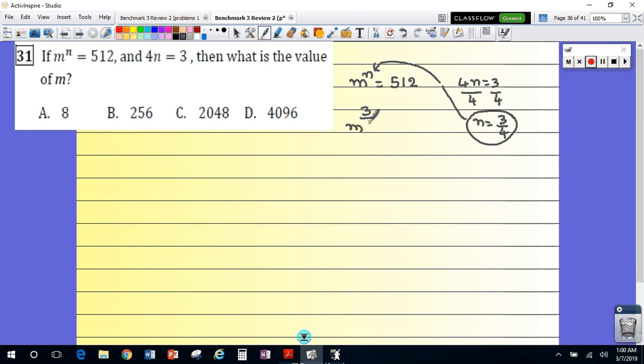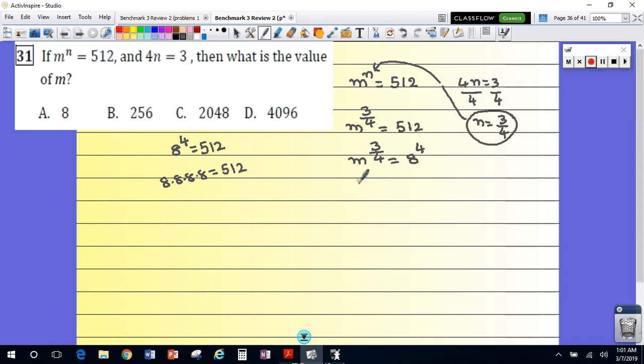That is m to the exponent 3 over 4 equals 512. Now find out whose fourth power is 512. So 8 to the exponent 4 is 512. You can check it out. 8 times 8 times 8 times 8, which gives you 512. So I am writing 512 as 8 to the exponent 4.